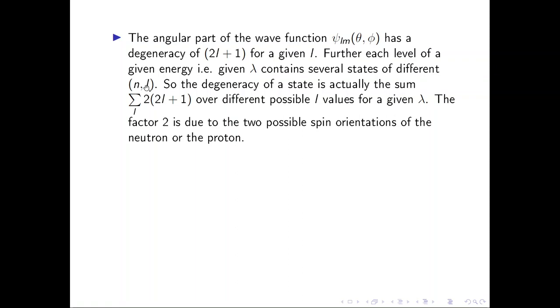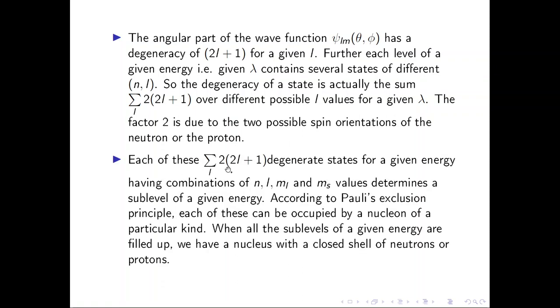For each value of L, we can have 2L plus 1 m_l values, which corresponds to a sublevel. So the total number of sublevels is given by the summation over L of 2 into (2L plus 1). The factor 2 is due to the two possible spin orientations of the neutron or the proton.